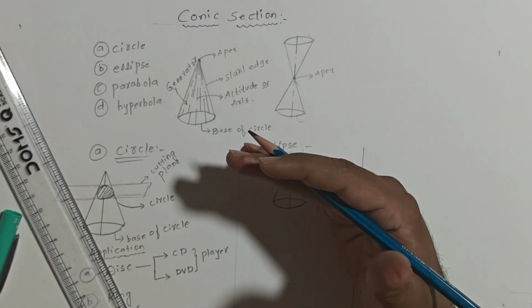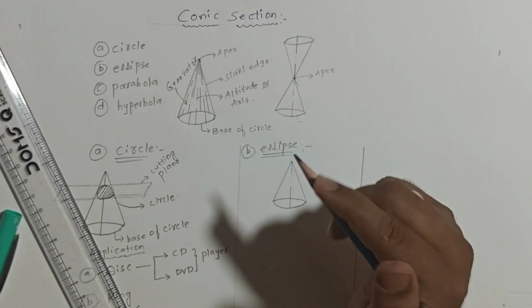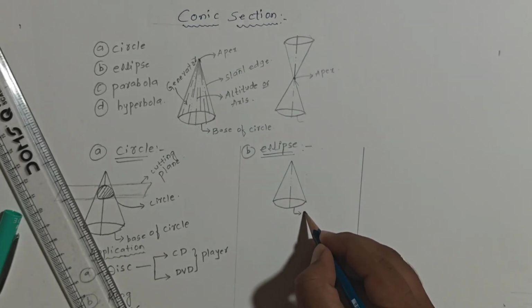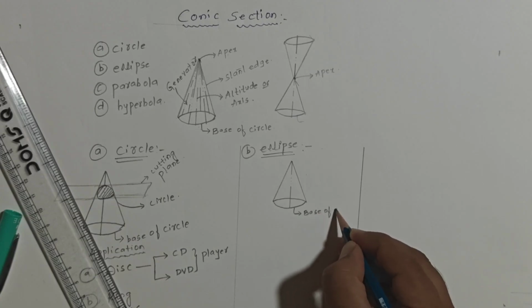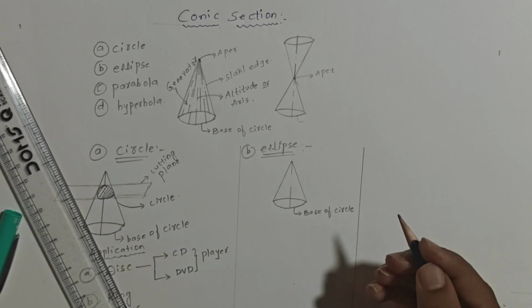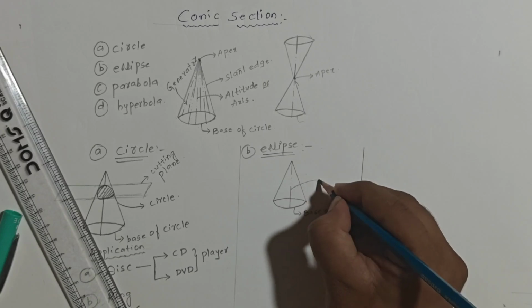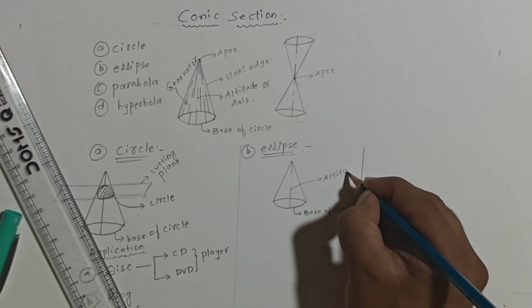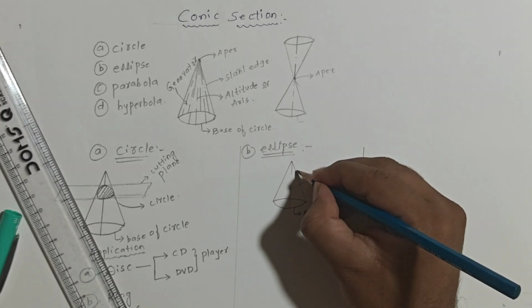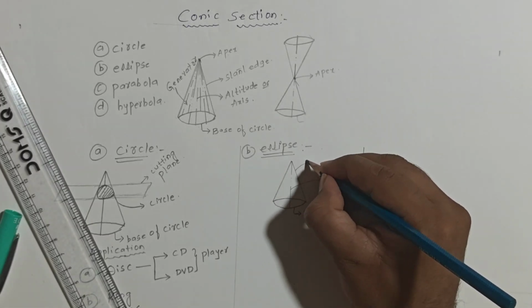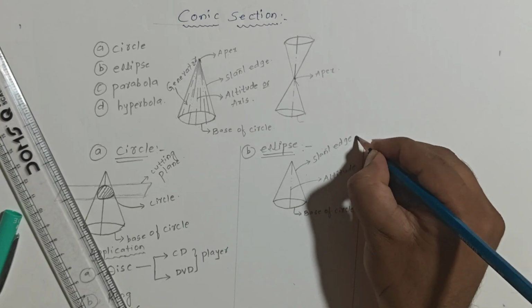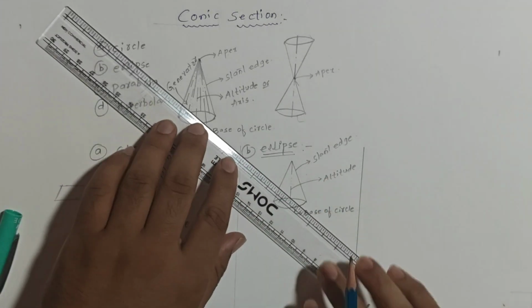We need to cut the cone in such a way that the cutting plane should not be parallel to the base of a circle, should not be parallel to the altitude, and should not be parallel to the slant edge. Then let us see this shape.